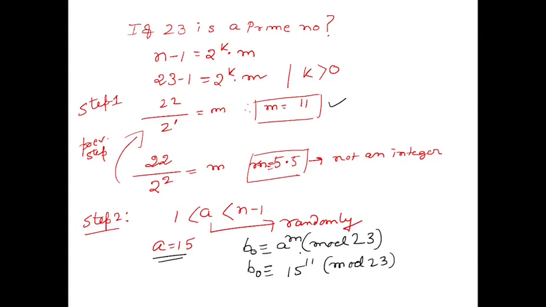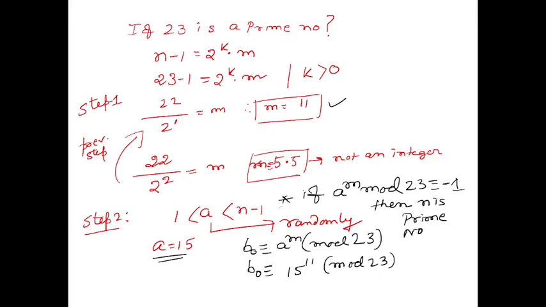Before that, where is the stopping point? The stopping point is after choosing a, if a to the power m mod 23 is congruent to minus 1, then n is a prime number.